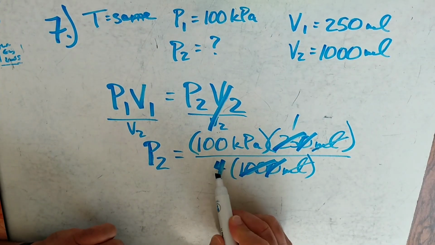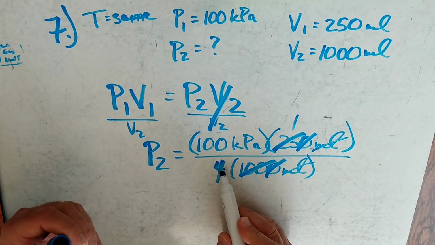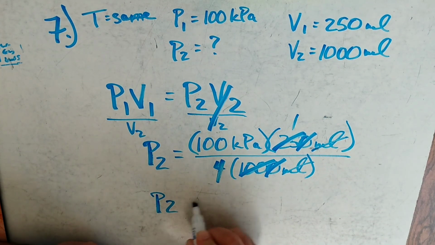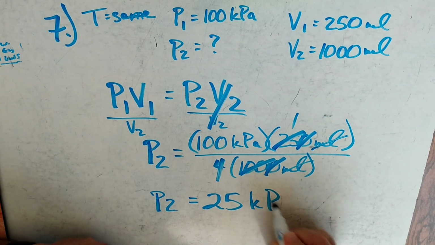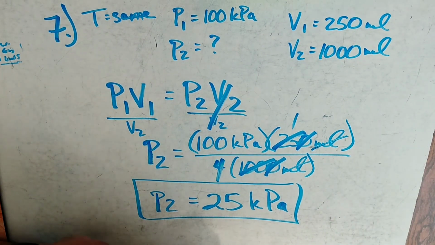So we have 100 divided by 4. You should know that there are 4 quarters in 100. So P2 equals 25 kilopascals, and that would be our pressure.